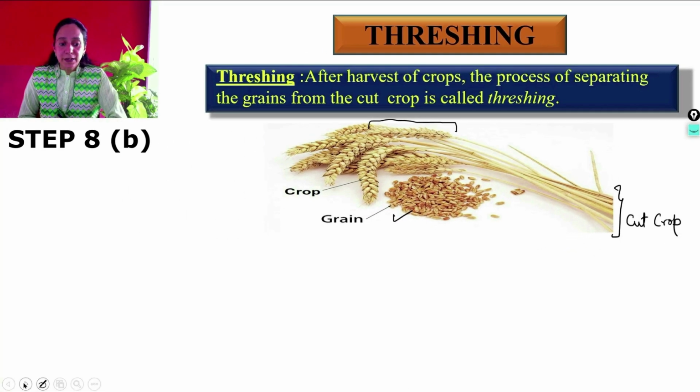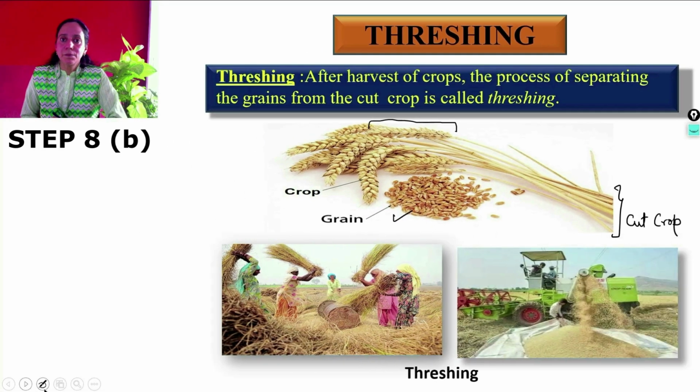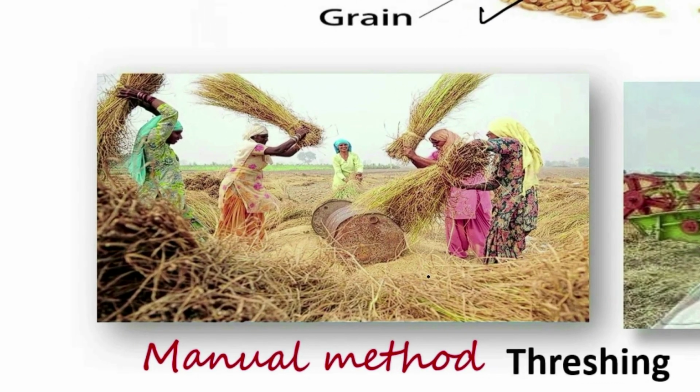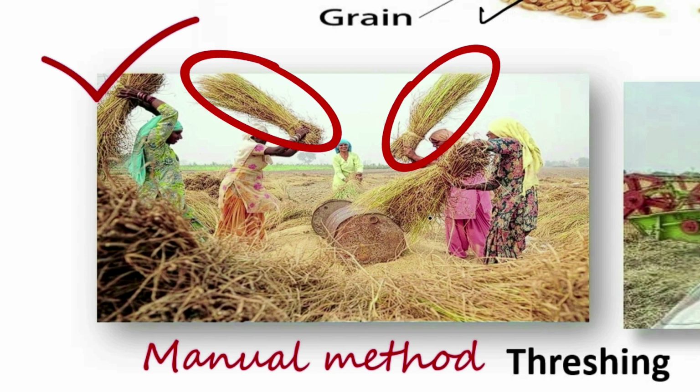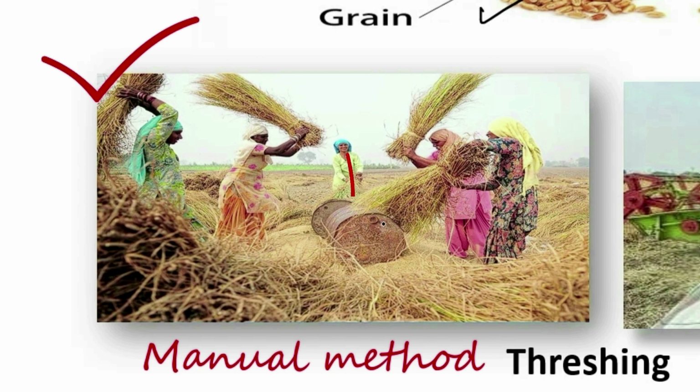And how are these grains separated from the cut crop? There are different methods which are adopted by various farmers. The manual method, which is visible in this first picture, where few farmers are literally tossing these bundles of mature crop on these drums, and that's how they are separating the grains from the cut crop.